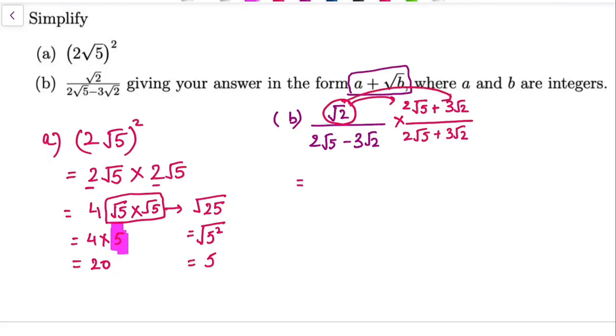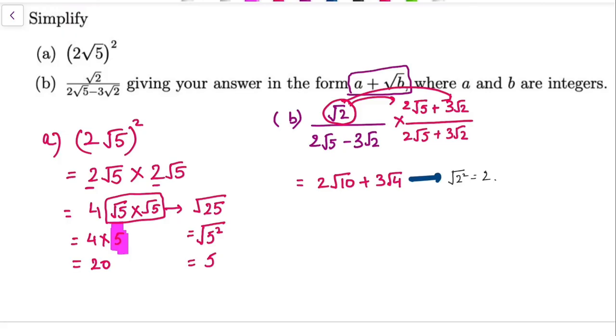So that will give us 2 square root of 10 plus 3 square root of 4, and square root of 4 is 2. All right, so I'll write square root 4 for now, but we will replace that soon with 2.